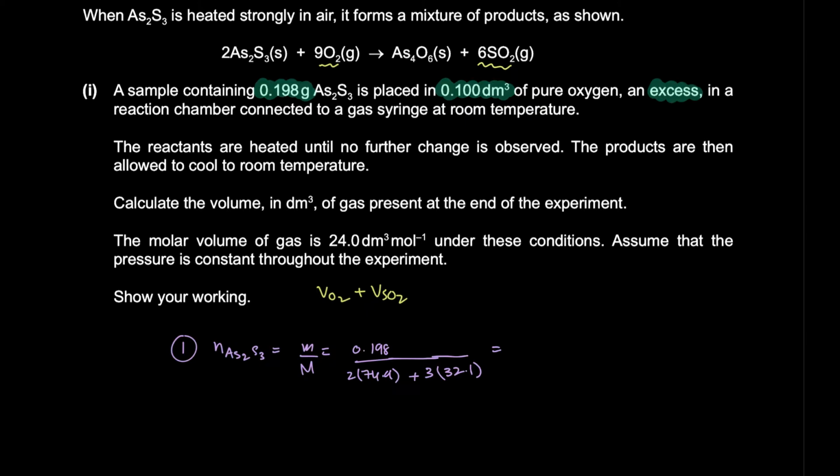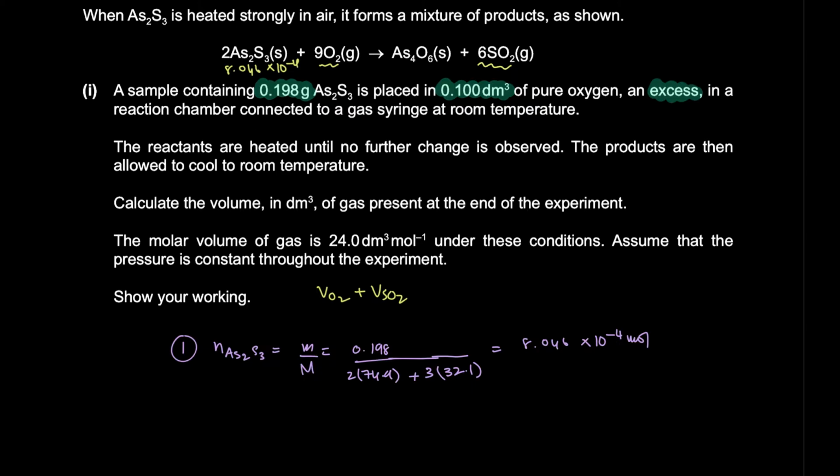Here we get 8.0455, so that's 8.046 times 10^-4 moles. So we can say over here that we have 8.046 times 10^-4 moles of As2S3.